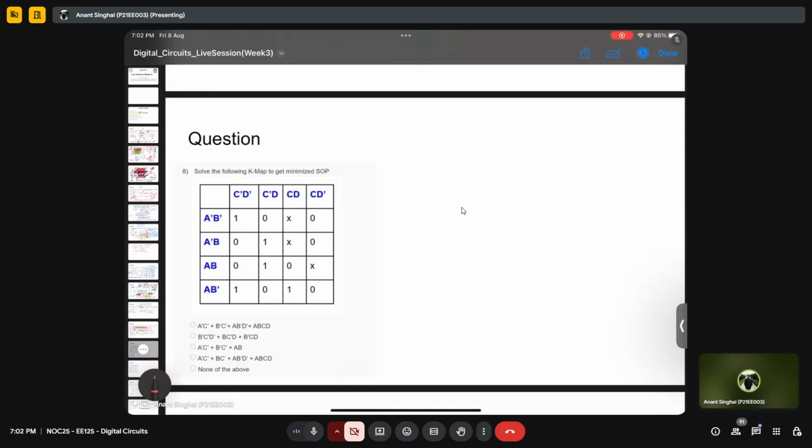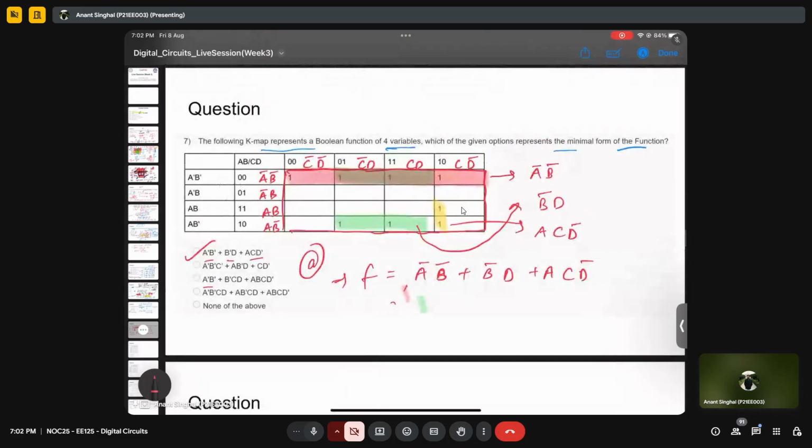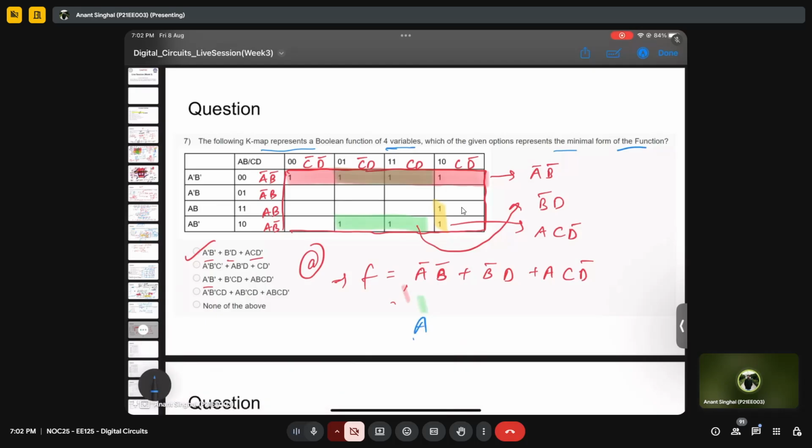In the previous question, A bar B bar plus A B bar D plus A C D bar, you are saying? Oh, okay, I understand.